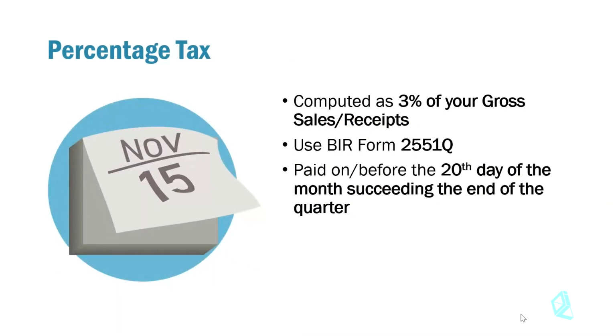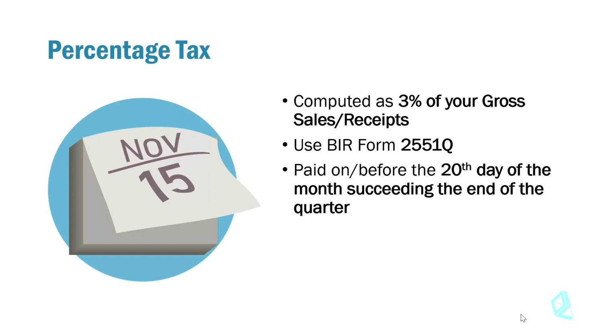So in this section, we talk about percentage taxes. So percentage taxes, as we've mentioned in the previous video, are the business taxes paid by non-VAT registered taxpayers. And how do you compute for percentage tax? The formula is quite simple.